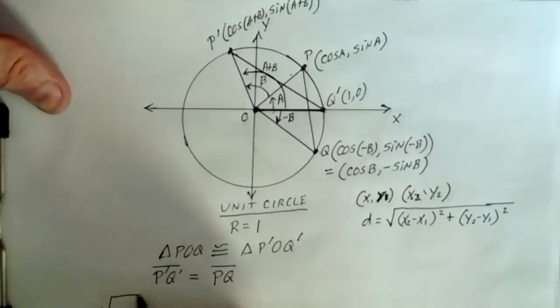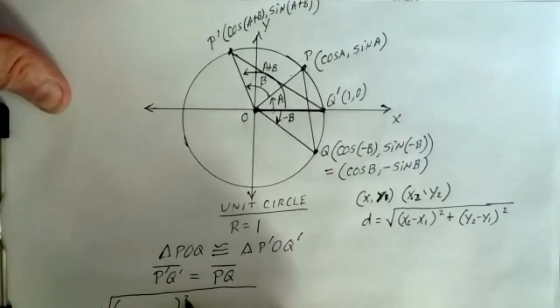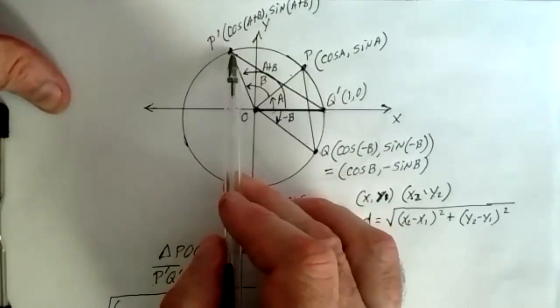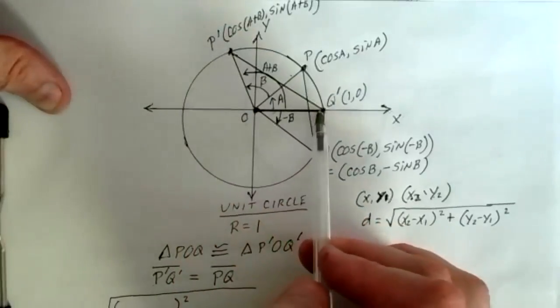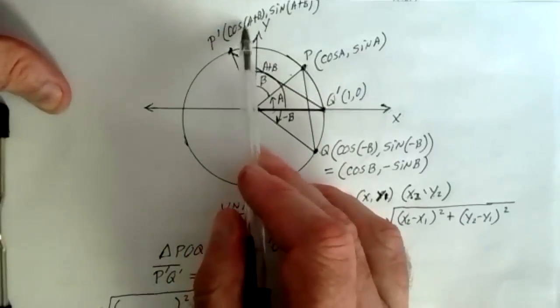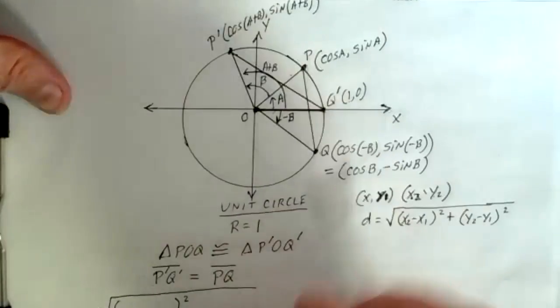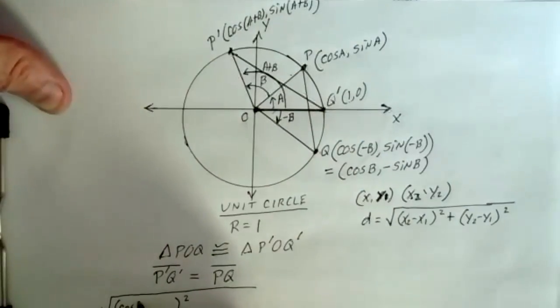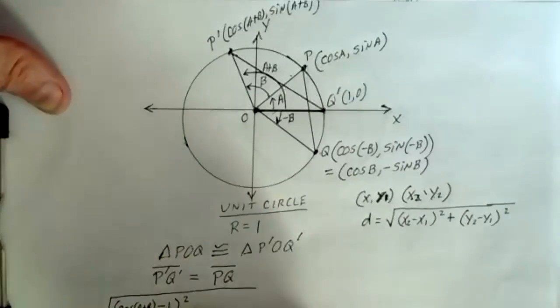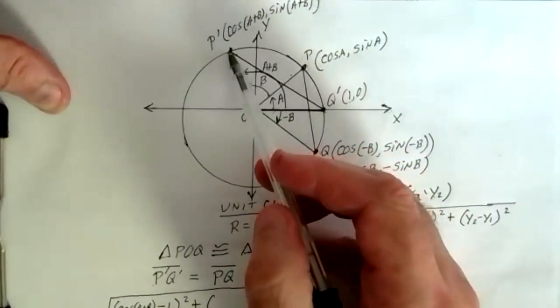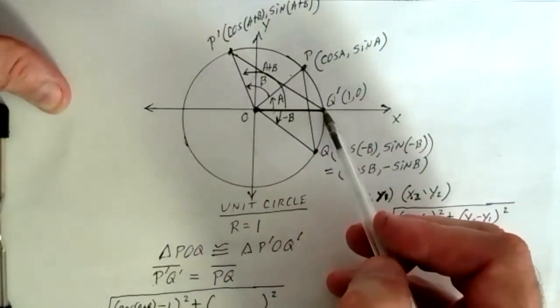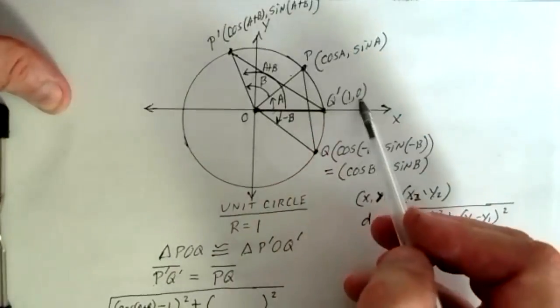Well, it's going to be the positive square root of the square of the difference between the x coordinates of P prime and Q prime. That's to say cosine A plus B minus 1, plus the square of the difference between the y coordinates of points P prime and Q prime. That's to say sine of A plus B minus 0.